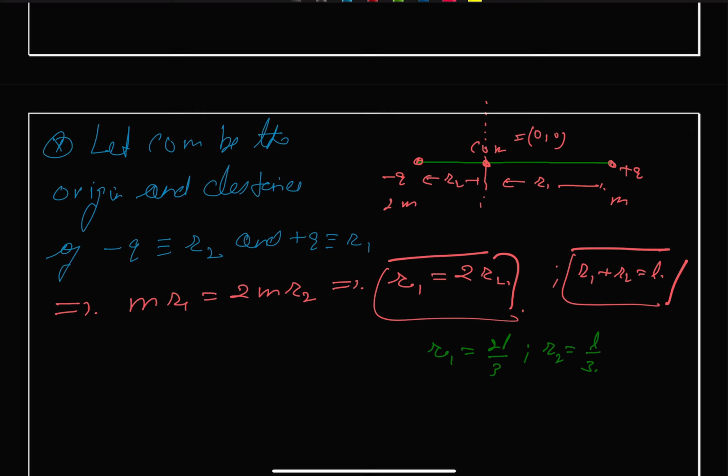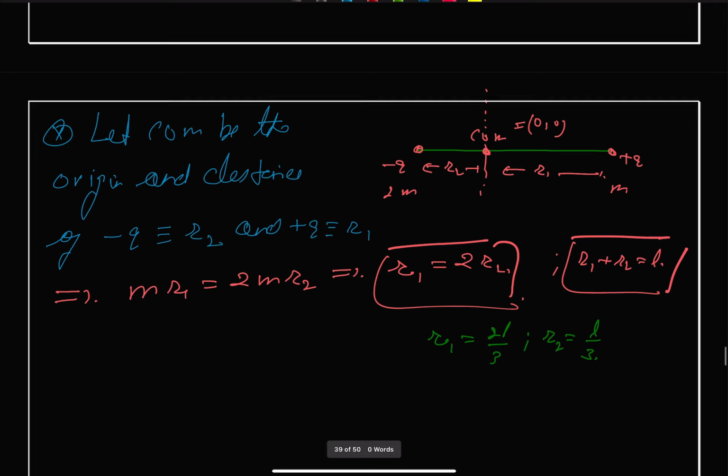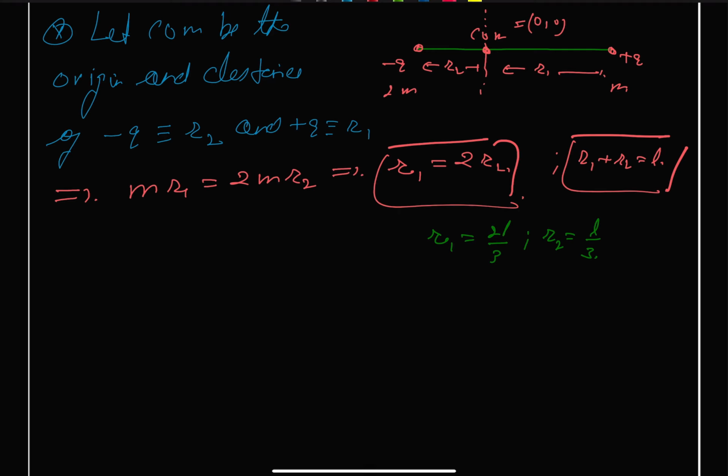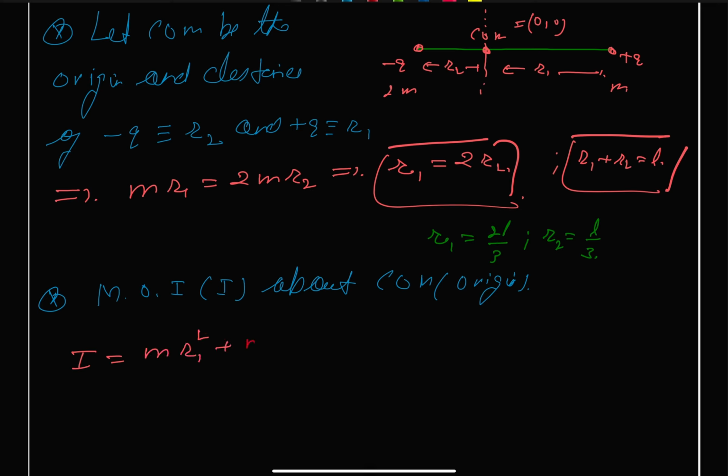So we are going to find the moment of inertia about the origin, which is the center of mass. Therefore, I about the center of mass, or our origin, will be equal to m R1 square plus twice m R2 square, and we substitute the values of R1 and R2.